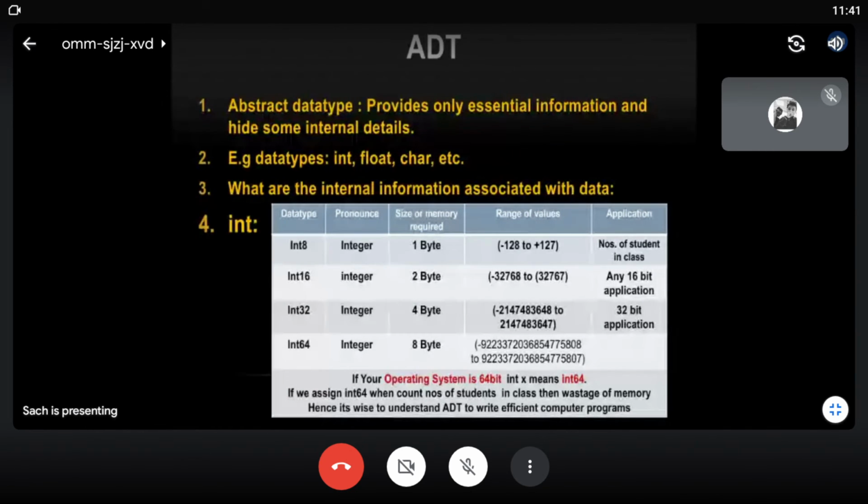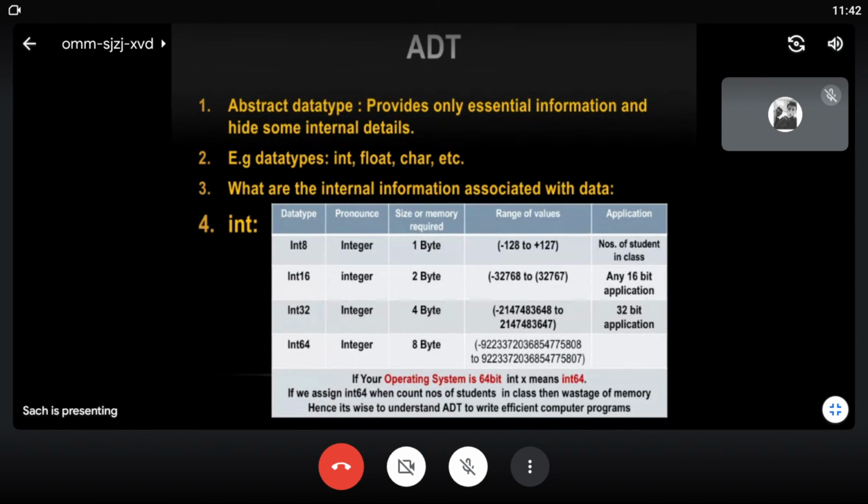So when we say INT 8, it is an 8-bit data type storing integer data. INT 16 is 16-bit data or 2-byte data. Further is INT 32, that means it is 32-bit data. And finally we have INT 64, that is 64-bit data or 8 bytes data.